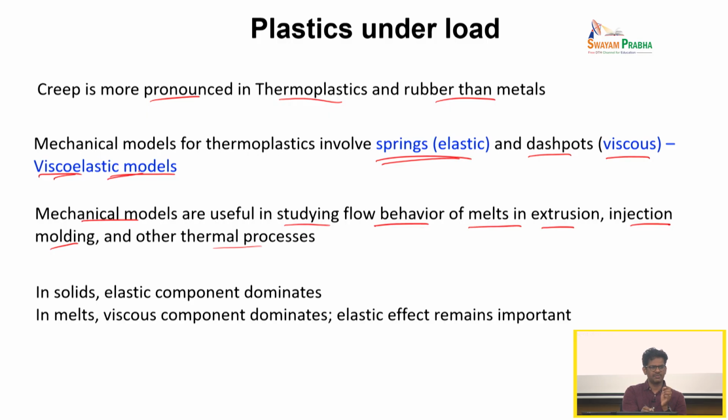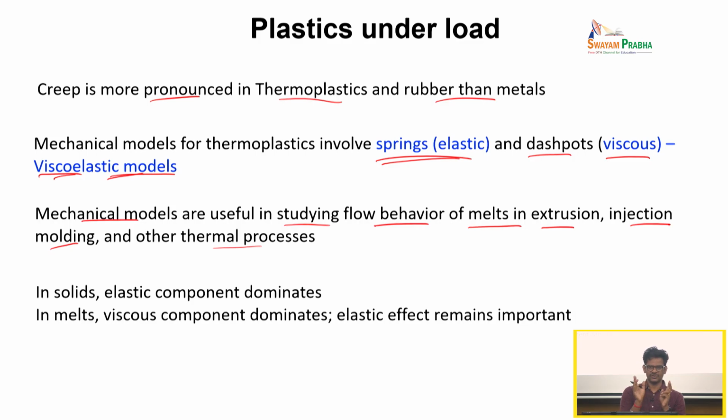Broadly speaking, if you have a solid material, typically elasticity or elastic effects will dominate. The moment you go to the melt state, where the polymer is melted at melting temperature, it is going to be very, highly viscous. So, here the viscous effect will dominate, but in addition there can be some elastic effects also. That is why we call them viscoelastic models. It has a behavior of both viscous effect as well as elastic effect.